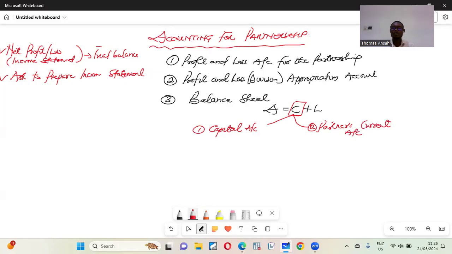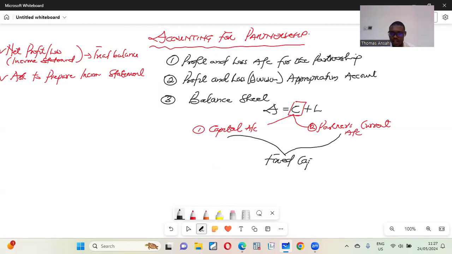So when it comes to the preparation of the balance sheet, that gives rise to a situation where we have to prepare a capital account and also a partnership current account. So if you prepare the capital account, and when you are done with that, go and prepare a partnership current account. It is called the fixed. We have two ways of keeping the capital account. This one is the fixed.